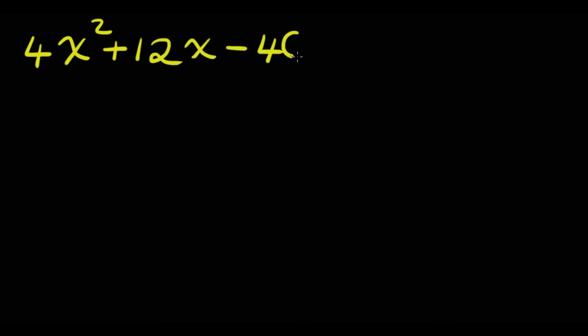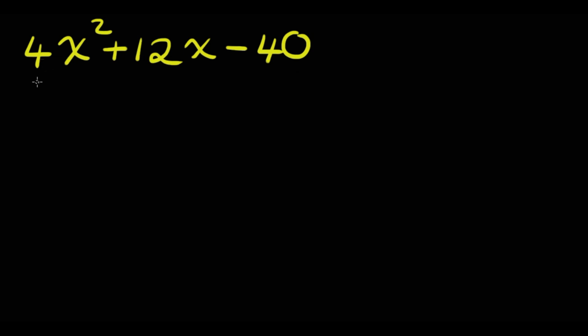Let's look at another trinomial. Let's look at this one, 4x squared plus 12x take away 40. If you look at this trinomial, your leading coefficient is not 1, it's 4.